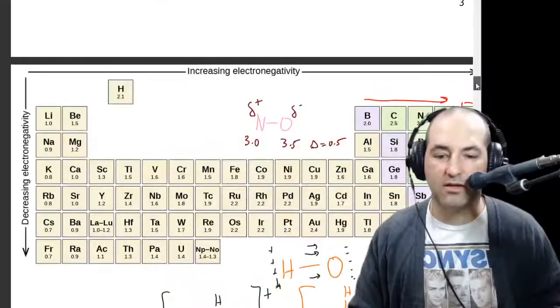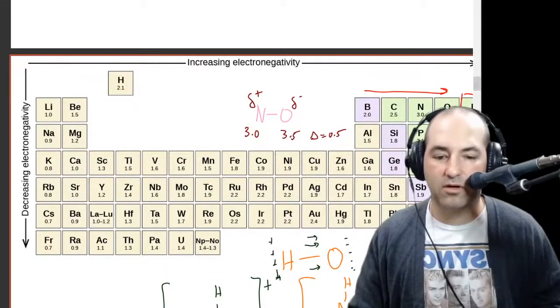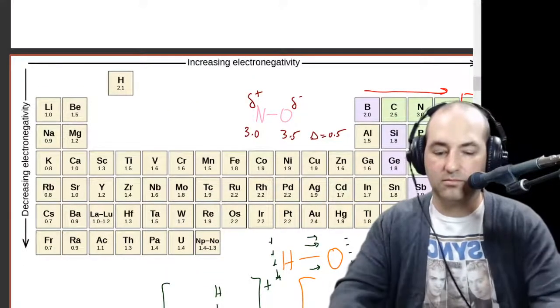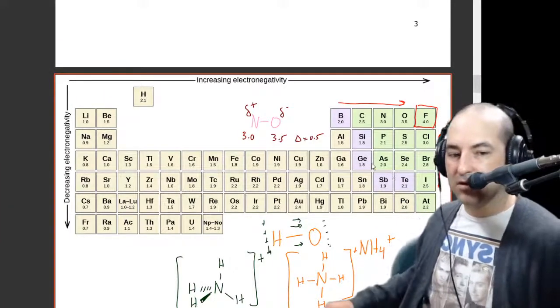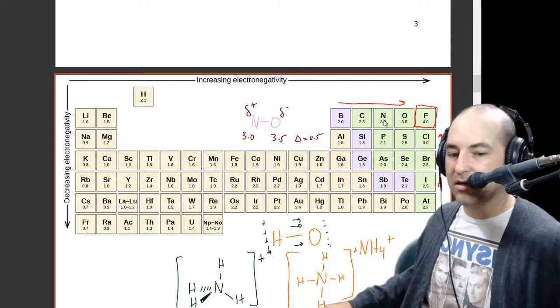We need to find out, is an N-I bond polar or nonpolar? So nitrogen here is a 3.0, and iodine is 2.5. So those bonds are polar.